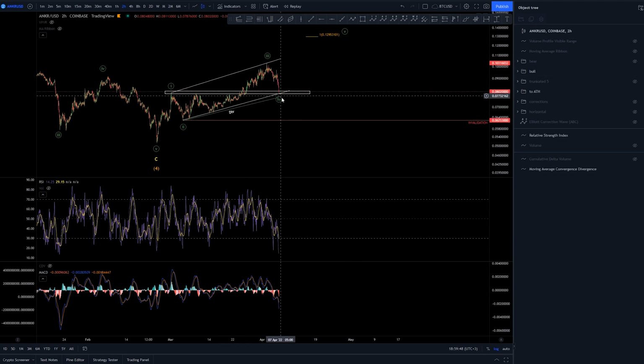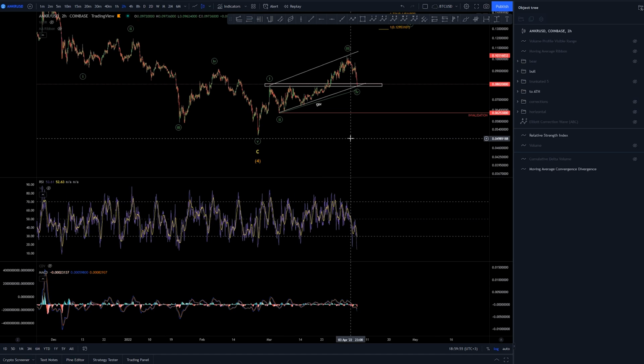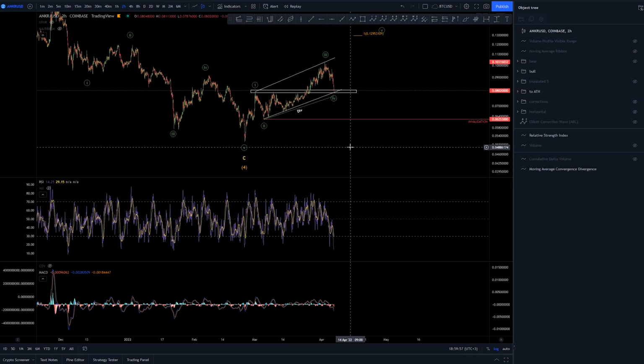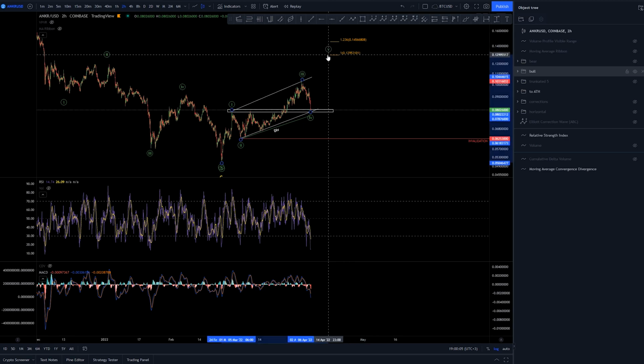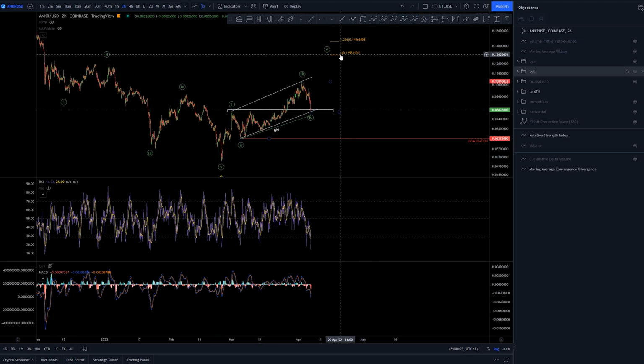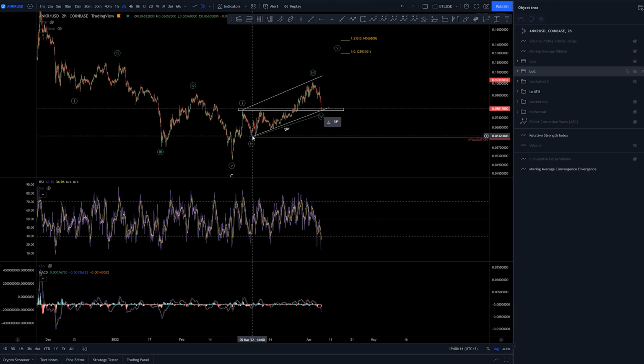If the price comes down below here, the 0.625, then this count is invalidated as well, and we would be looking more at those bearish counts. The wave 5 target is at least this 0.1295, as that would be the one-to-one extension of this third wave.